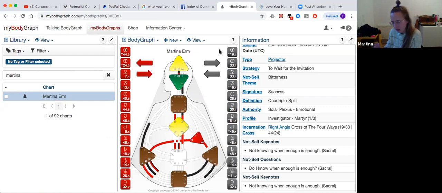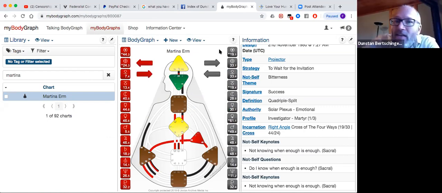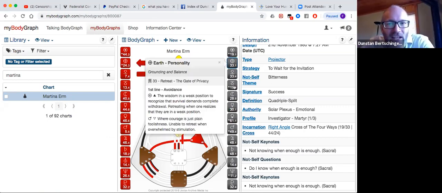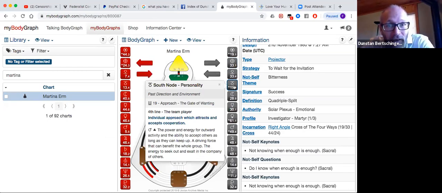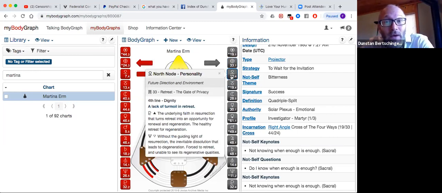It amplifies the whole thing. And you can see that you have gate 19 in your south node as well, and you have gate 33 in your north node as well. So both of those are double activations. Then if we look on the left side, your gate 44, you also have it halfway down on Mercury, 44.6.